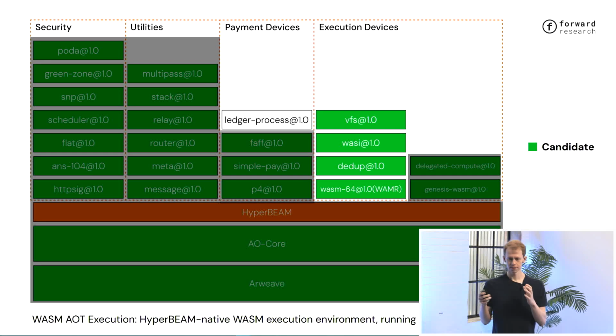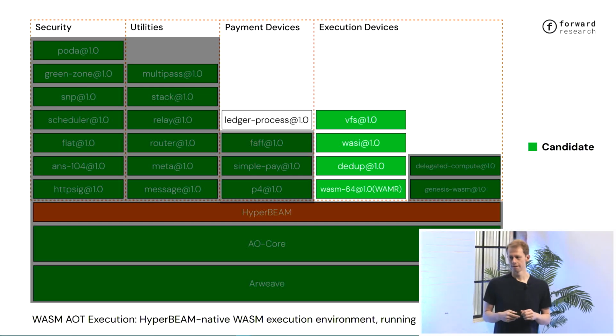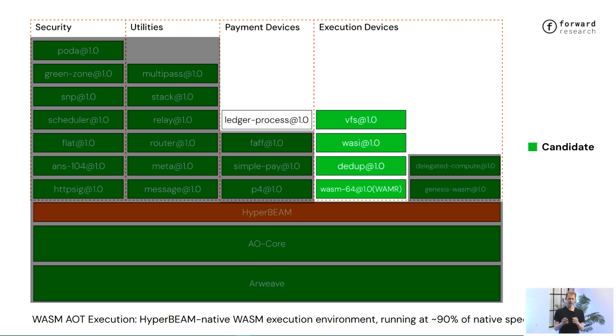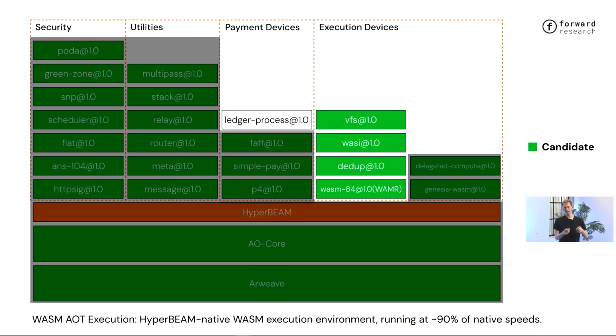And the final step that we see on the near-term roadmap of what we at Forward Research would like to build, really at this point it's polishing it up. It exists in, I would say, kind of early access mode-ish, is a WASM execution environment native to HyperBEAM that uses this thing called AOT, that's ahead of time compilation, which will allow us to get near native speeds of execution inside AO processes.